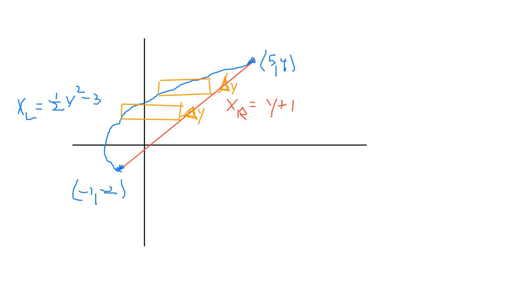And so that means you're going to be integrating with respect to y and taking the difference of the left function and the right function. Whenever you do these problems, it's very helpful to draw a sketch and put in your inscribed rectangles, at least one of them.